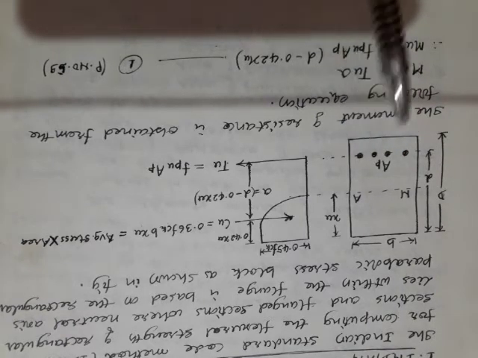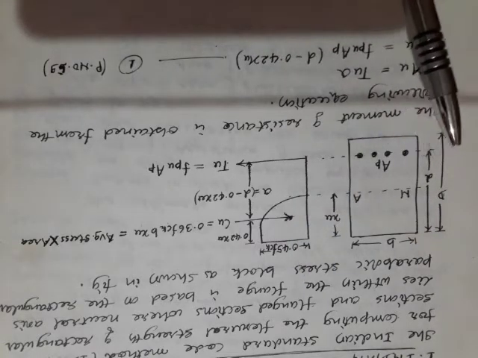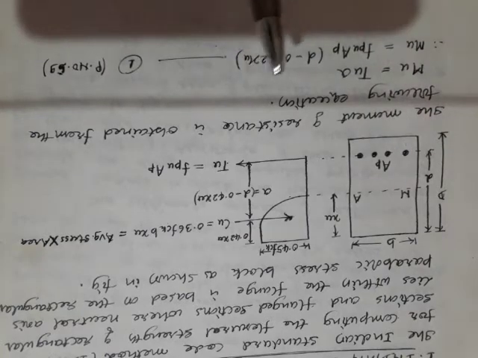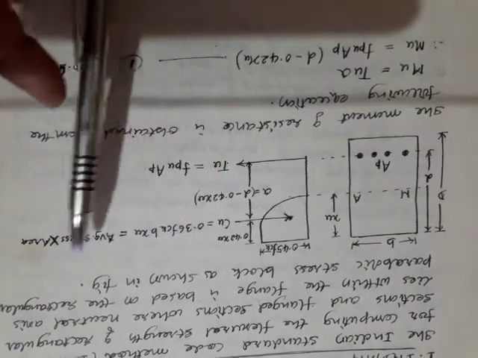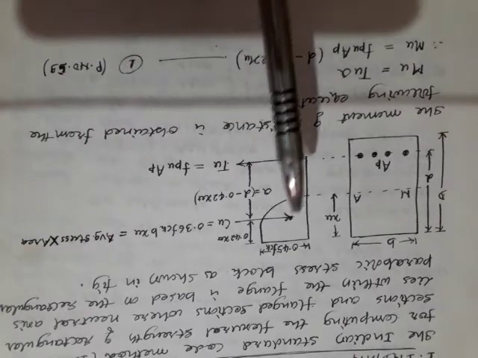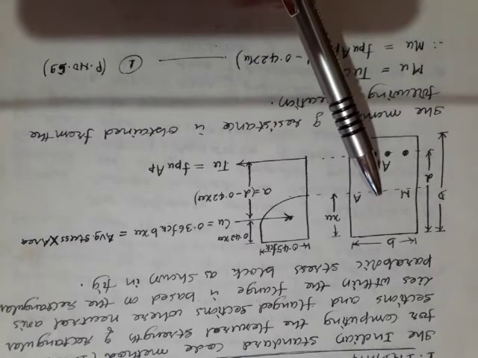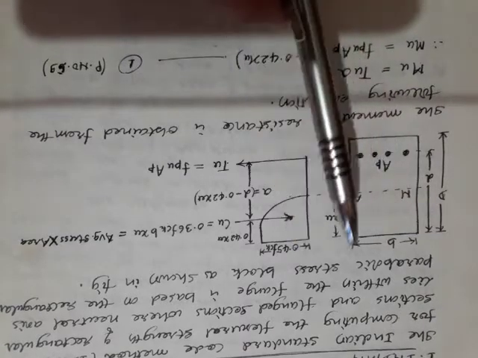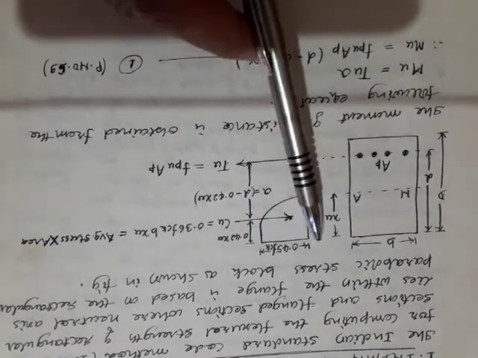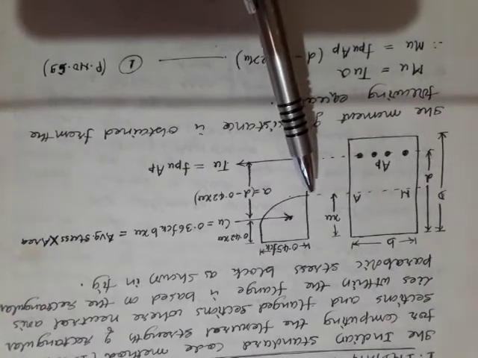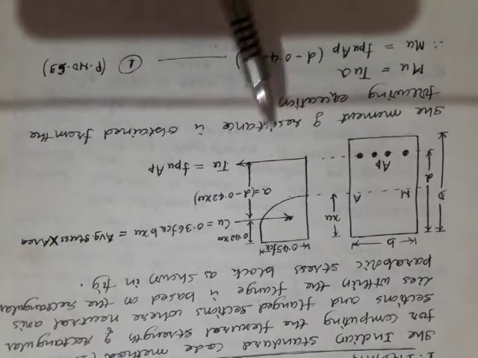For this rectangular section, we shall now find the ultimate moment of resistance. For this, the Indian Standard Code uses a rectangular parabolic stress block. Whenever it reaches the ultimate state, the stress block in concrete becomes rectangular parabolic. I think the same concept we used in our RCC, when studying the limit state method of RCC design.